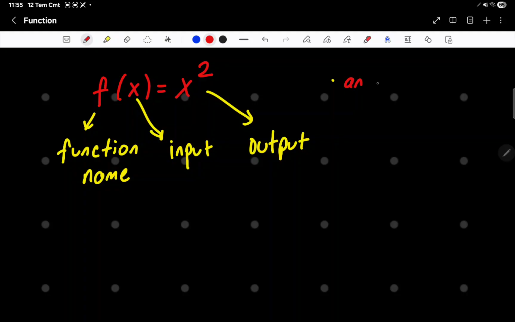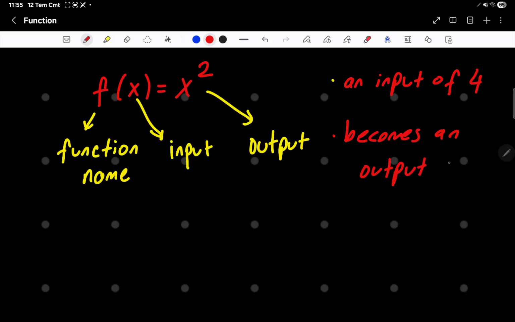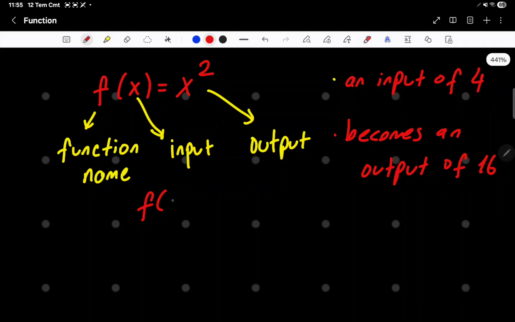An input of 4 becomes an output of 16. In fact, we can write f of 4 equals 16.